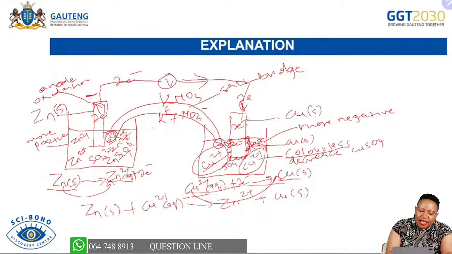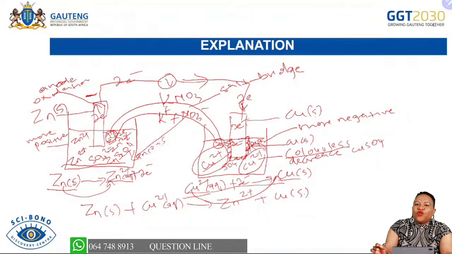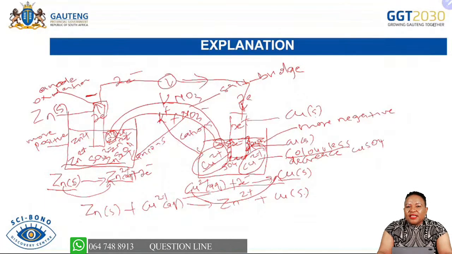We expect that on the side that is more positive, which is our anode side, the nitrate ions, which are our anions, will flow into that electrolyte. And where there are more negative ions, we expect our cations to go and neutralize that electrolyte.